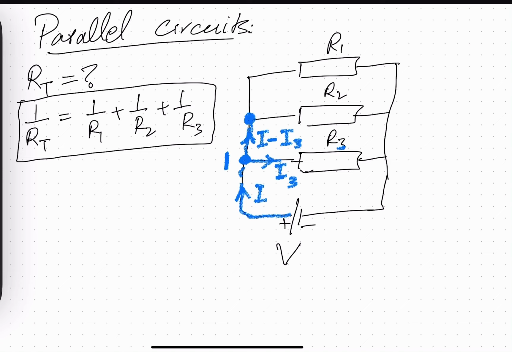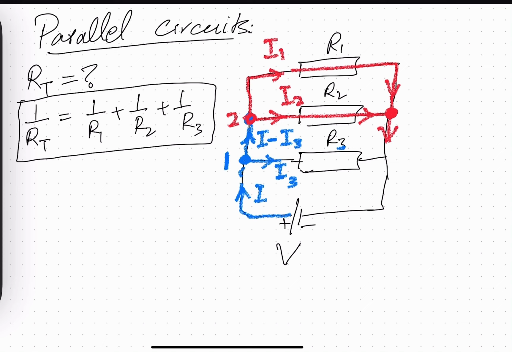It reaches this point, let's suppose this is junction 2. At junction 2 again some of the current will move rightward. Let's suppose this is I2, and the remaining part will go upward. Let's call it I1. When I1 moves through this resistance, it goes downward and reaches this point, and I2 is coming from this point. So at this point I1 and I2 meet each other.